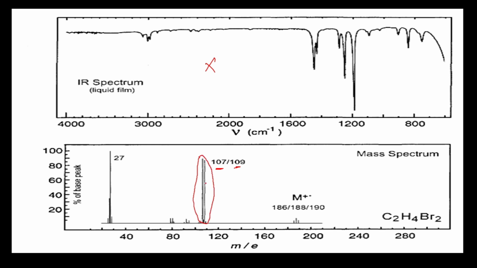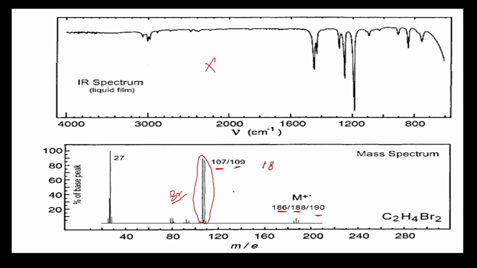These two lines are of equal abundance, and these two lines should give you the peak at the 107 or 109 mass to charge value, and the molecular ion peak is 186, 188 or 190. So our first response was that this is due to bromine, because bromine gives you two peaks that are of relatively equal abundance.